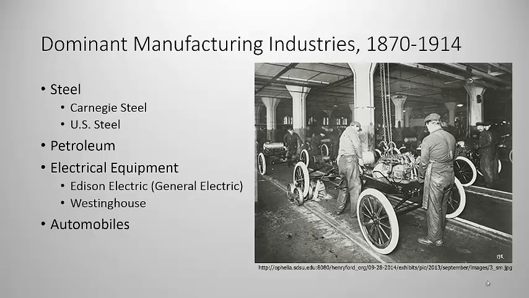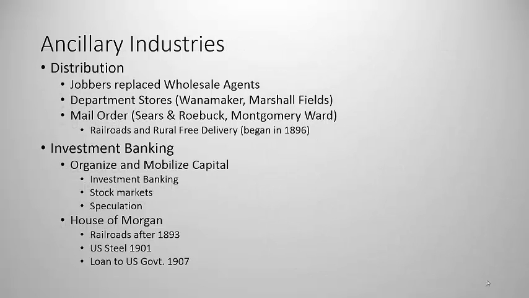So it could gather in all of these smaller companies and use their physical plant to get an economy of scale. And both of these corporations figured out that they could use an economy of scale with controlled franchised dealerships. There were ancillary industries as well.